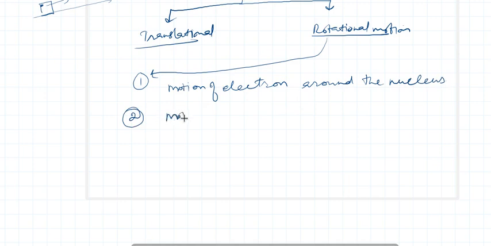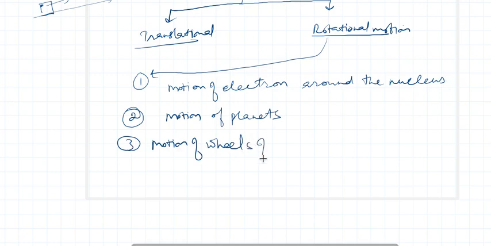And another example is from the classical world. It is the motion of a planet. Then another example is the motion of the wheels of a car. And then another example is the motion of a flywheel.